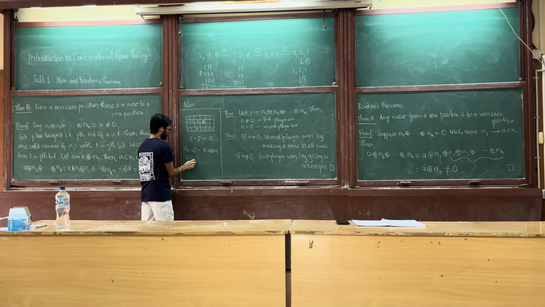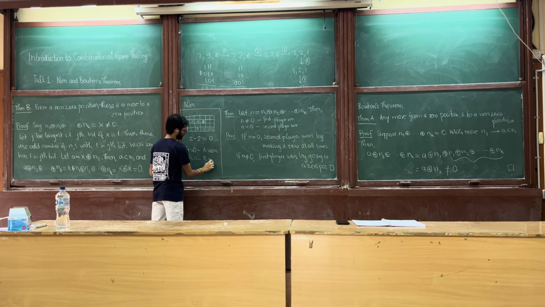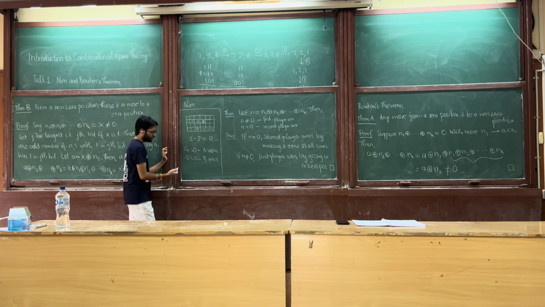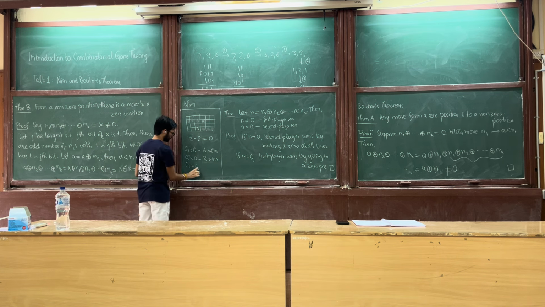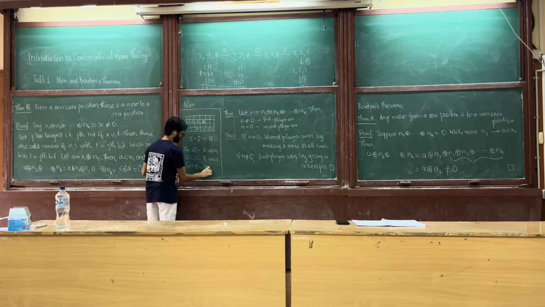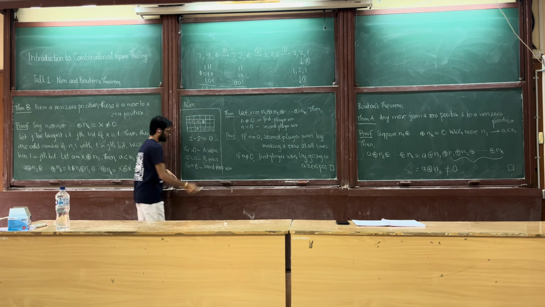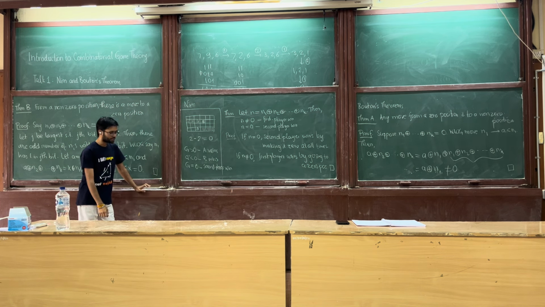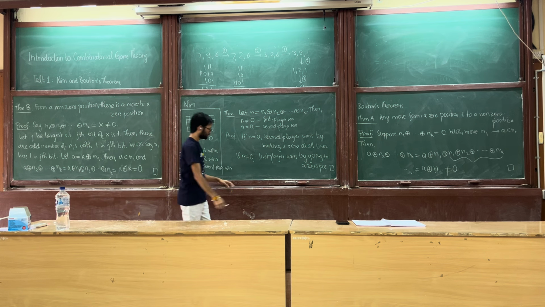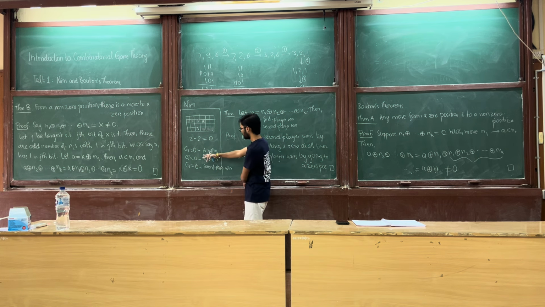If g is negative, then B wins, no matter who starts. If g is equal to 0, it's a second player win. And we run into some problem here, because these do not exhaust all the possibilities.